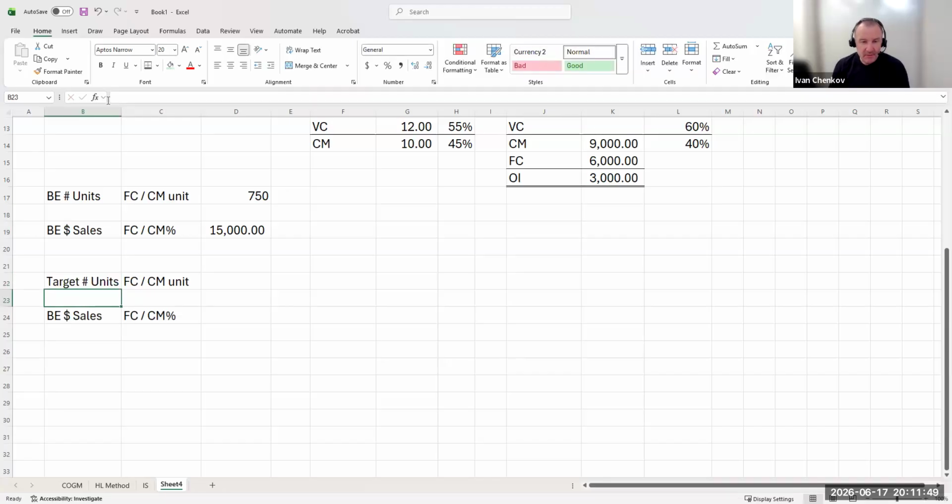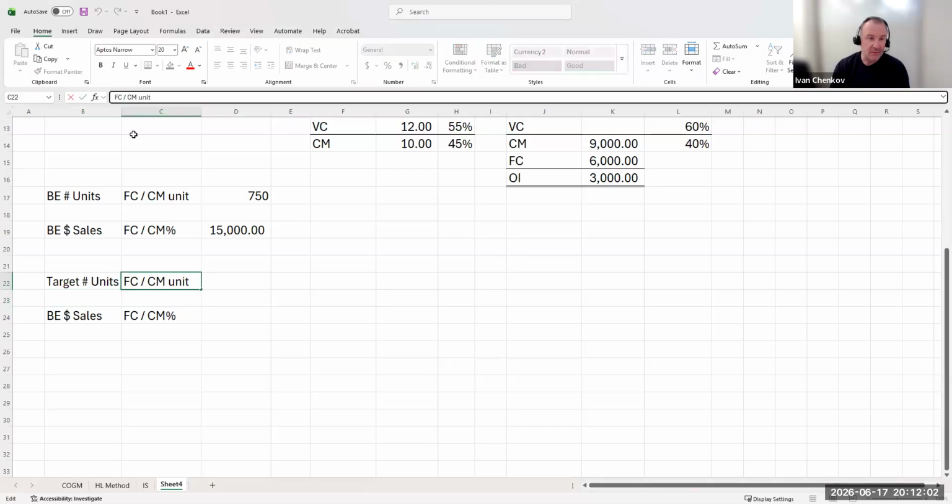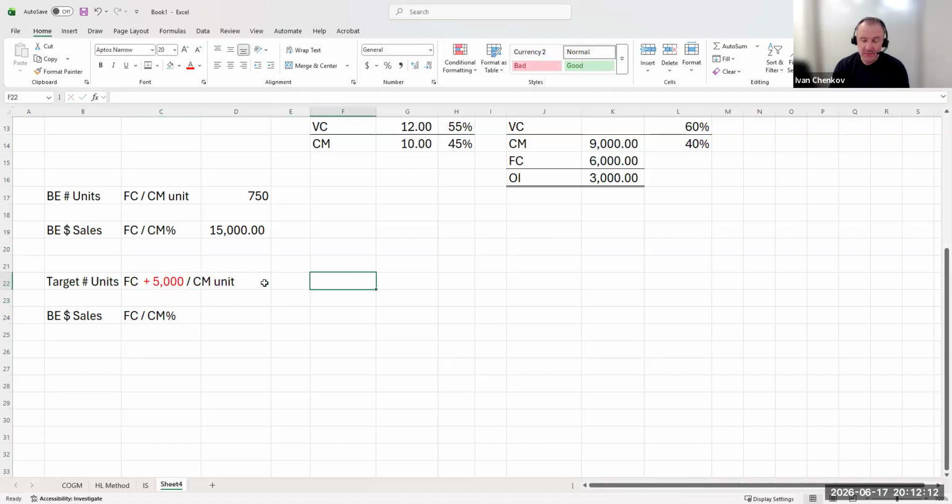How many units do we need to sell to achieve the target profit of $5,000? Target number of units, where the fixed cost is, just add the profit that you want. And these guys, they want $5,000. Well, give it to them. Add it to the fixed cost. Once you add it to the fixed cost, run the calculation again, and you're going to see how much they have to do.